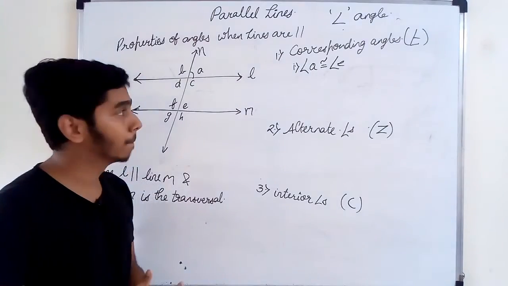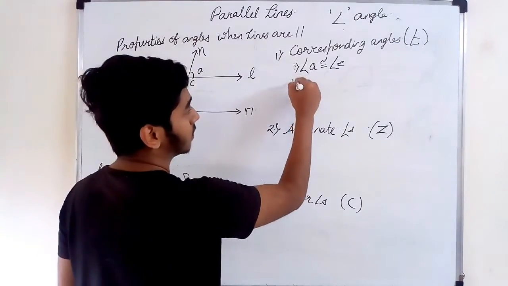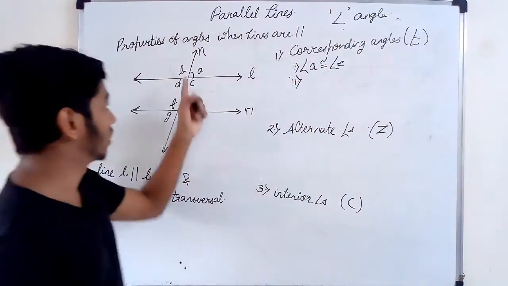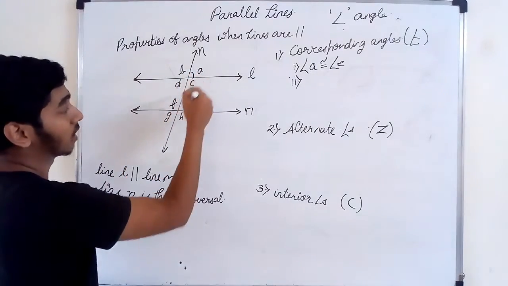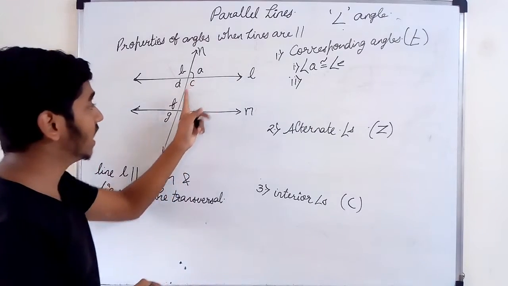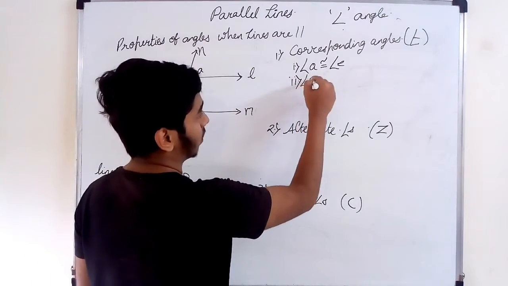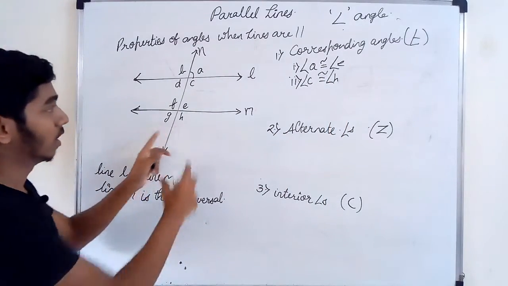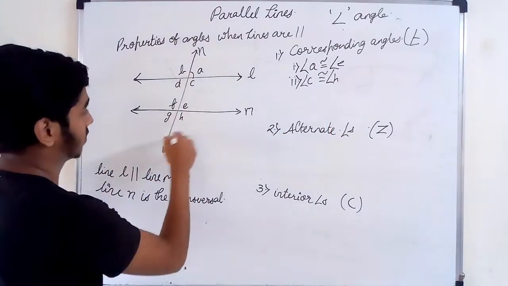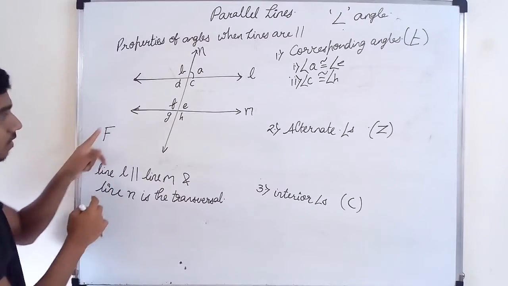Then let's see the other one. A and E are congruent. The other corresponding angles, C and H, that is also congruent. Yes or no? Ulta F, this is becoming like this, right?